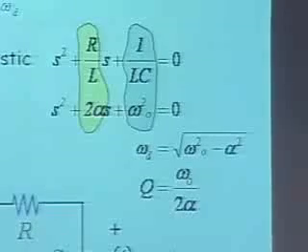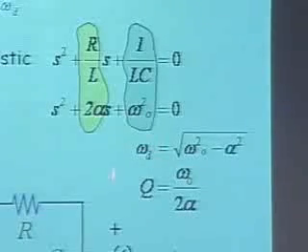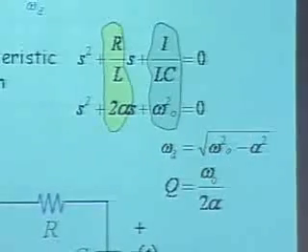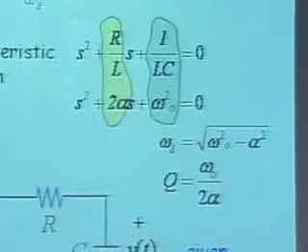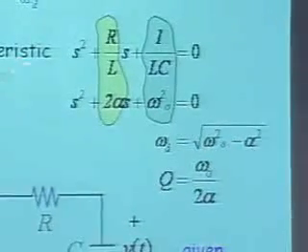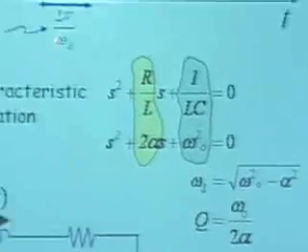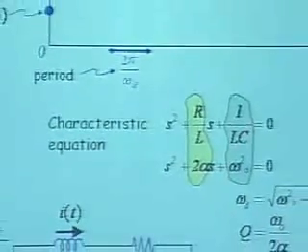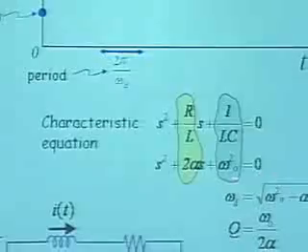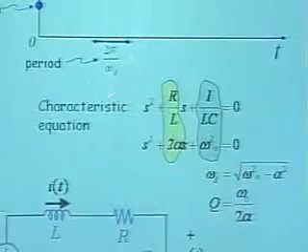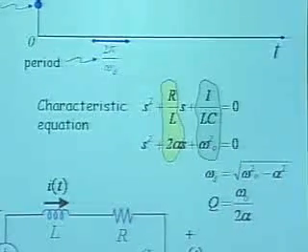And it's a common case for an underdamped circuit that omega d will more or less be equal to omega naught. Commonly that's going to be the case. So this frequency is governed by LC, and if R is large, it's governed by this value, omega d here. So I have the frequency of oscillation.